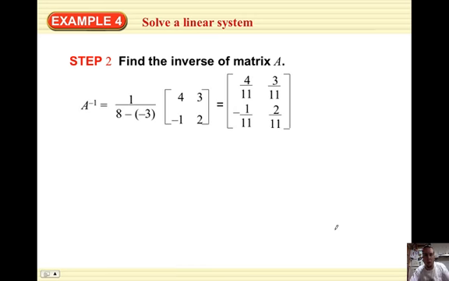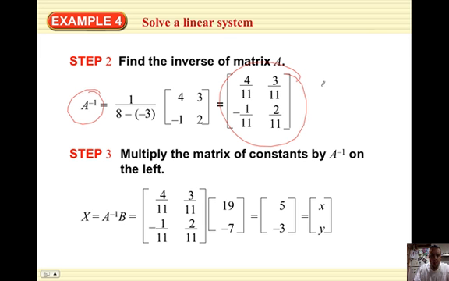Let's look on here. So here's the process of finding A inverse. I showed you this, and here's A inverse. It used to be A inverse times A times X, but this is just 1, the identity matrix. So basically you just take A inverse times B, and you've got your answer.